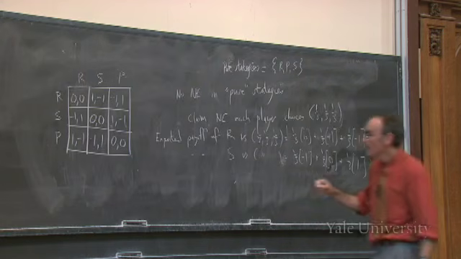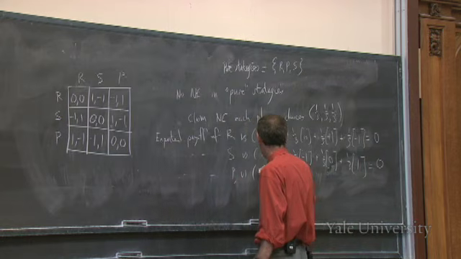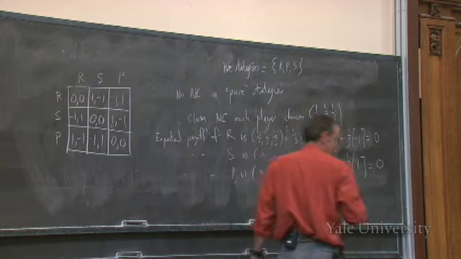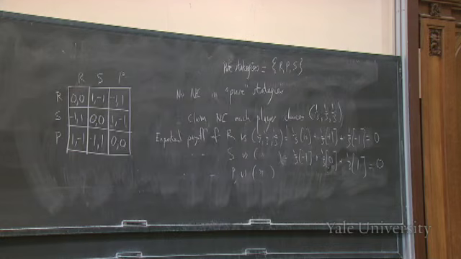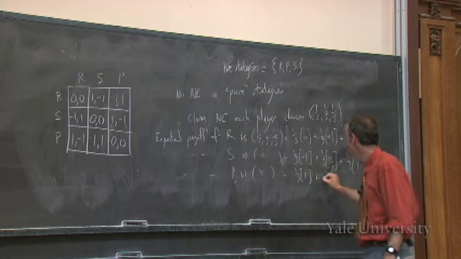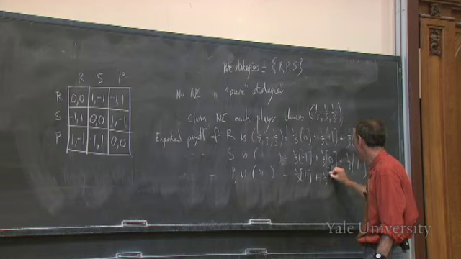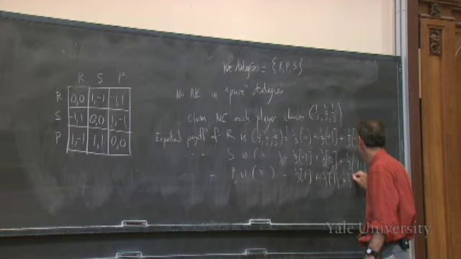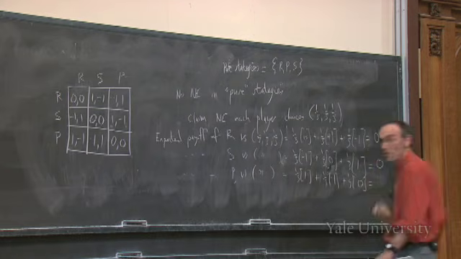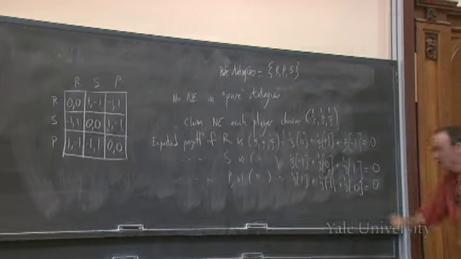And finally, if I played paper, and once again I'm going to meet somebody who is randomizing a third, a third, a third over rock, paper, and scissors, then with probability a third, I'll meet a rock and get 1. With probability a third, I'll meet scissors and get -1. And with probability a third, I'll meet paper and get 0. Is that correct? Everyone happy with that? And so it'll net out at 0.